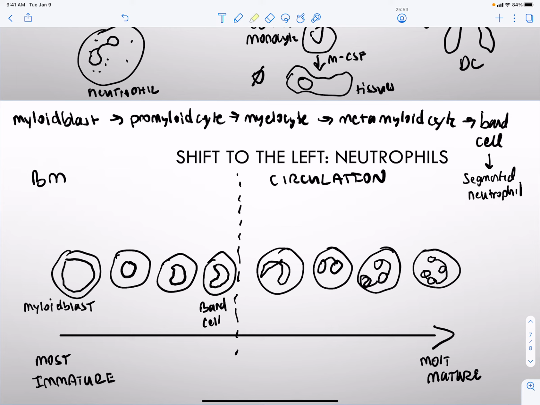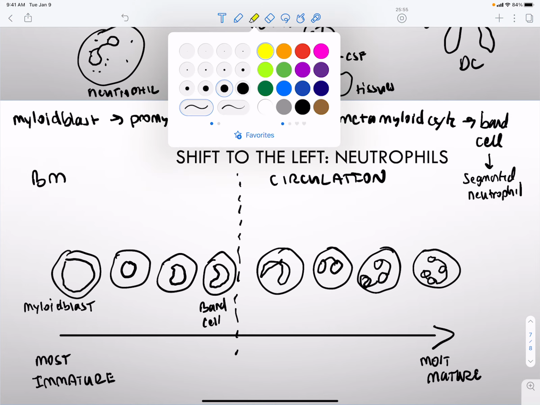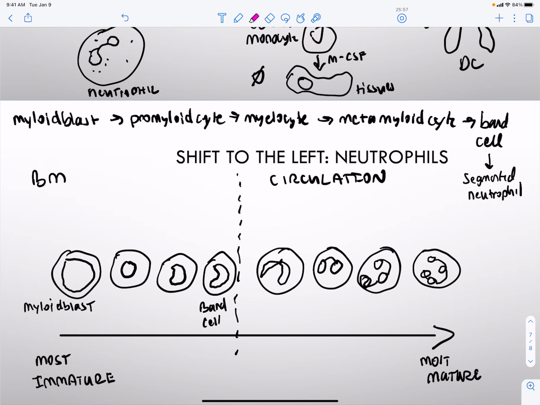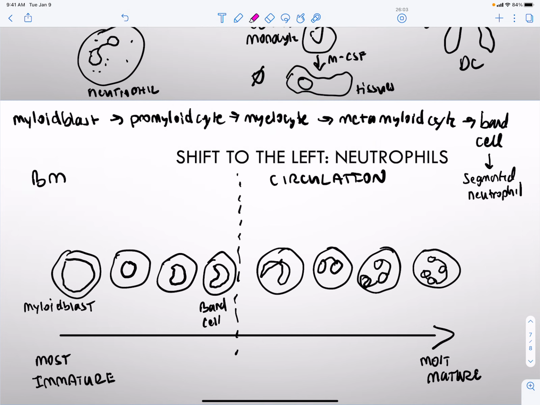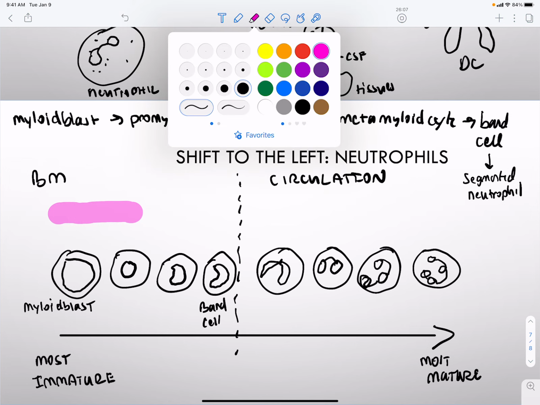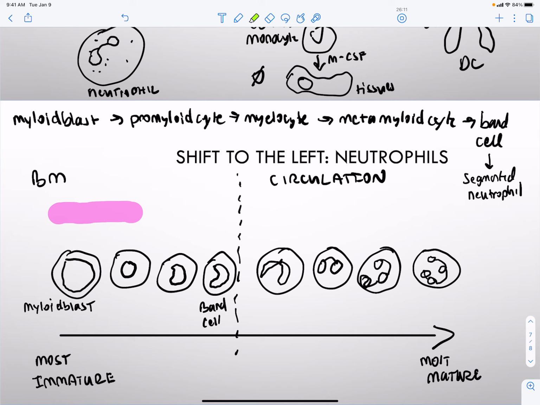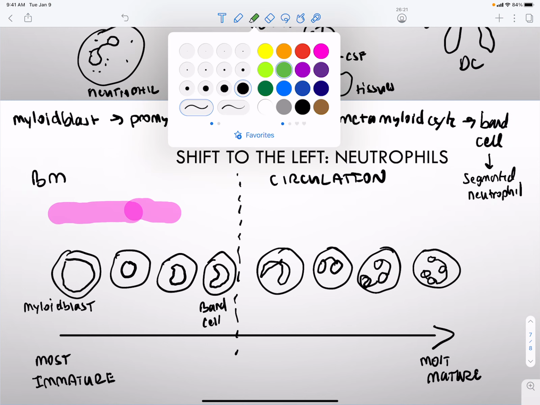And so when you talk about a shift to the left, we have over here a gradient you can think of as a shift to the left. So we have our most severe, and then we have sort of a moderate shift to the left.